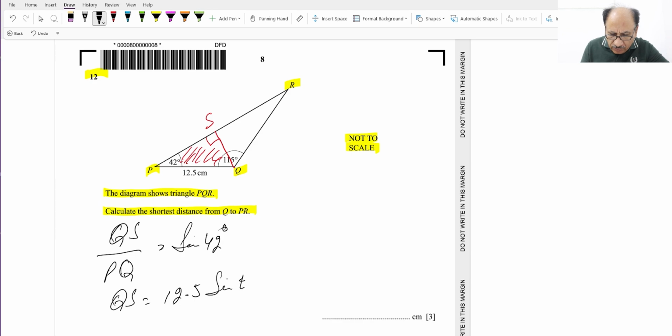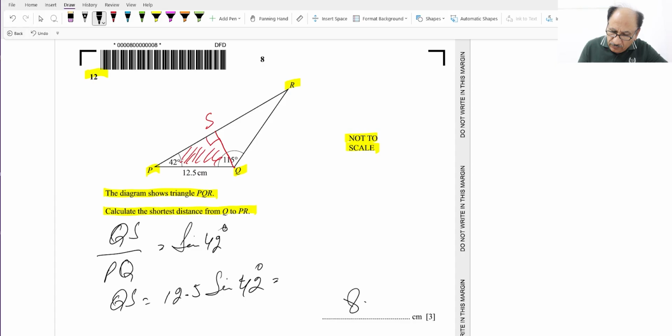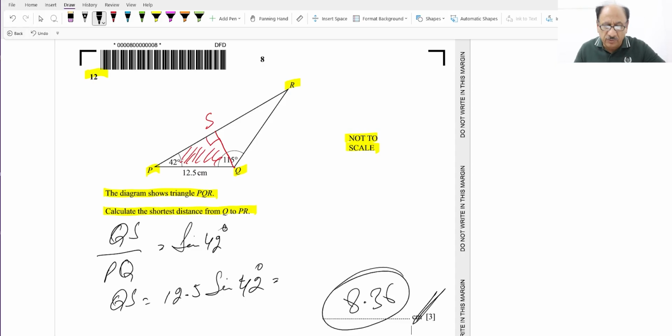So QS is 12.5 times sine of 42 degrees. If we calculate 12.5 into sine of 42 degrees, this will be equal to 8.36. So 8.36 will be our final answer for 3 marks.